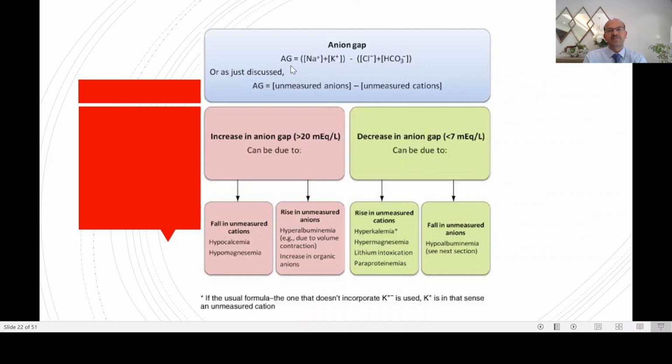The anion gap, we mentioned briefly, is the difference between the sodium plus potassium minus the chloride and bicarbonate. So it is the main cations minus the main anions. An increase in anion gap can be due to a fall in unmeasured cations or a rise in unmeasured anions, and a reduction can happen due to a rise in unmeasured cations like hyperkalemia and hypermagnesemia.